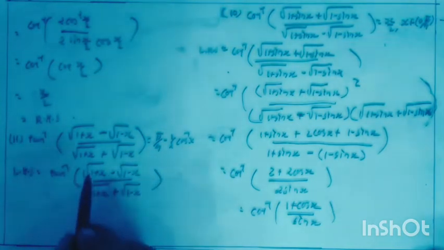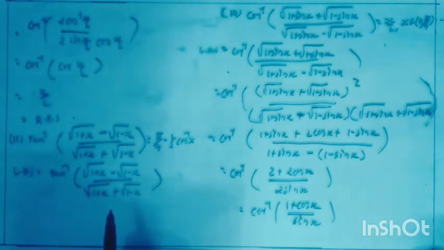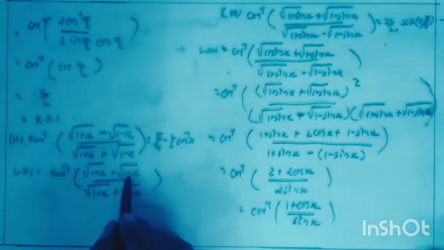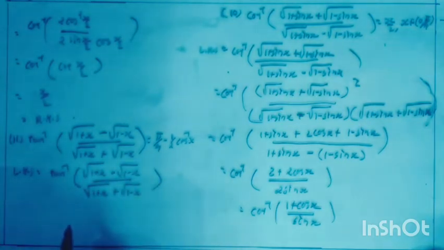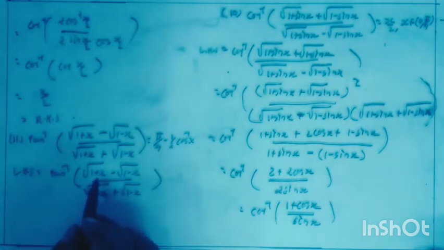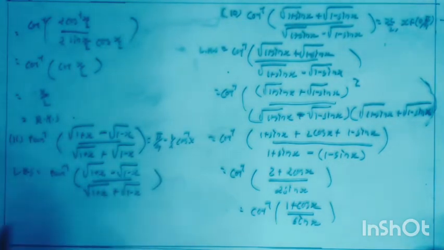Remember this, 1 plus x looks like 1 plus cos 2 theta, and we know that 1 plus cos 2 theta is equal to 2 cos square theta. Same, 1 minus cos 2 theta is equal to 2 sin square theta. So in this type of question, if these types of terms are given, then first we assume that x is equal to cos 2 theta.